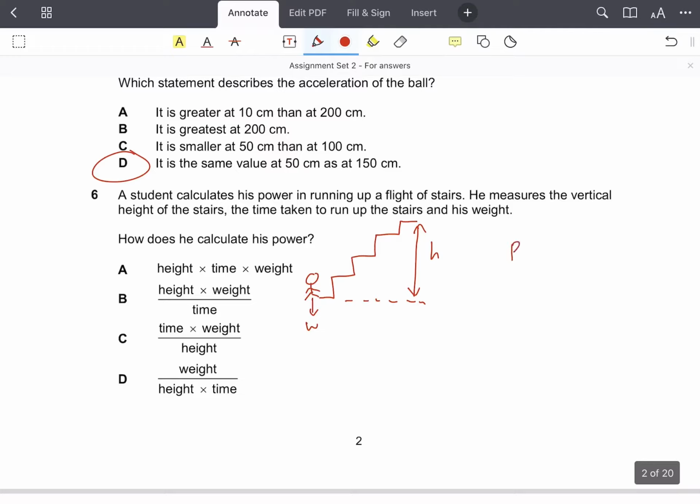So you know that power is technically energy over time. This energy can also be work done over time. Okay, so your work done is just force times distance. Make sure it's parallel. Over time, your force is just weight times the distance, which is your height, and over time. So you find which one has weight, height, and time, and the only answer is B.